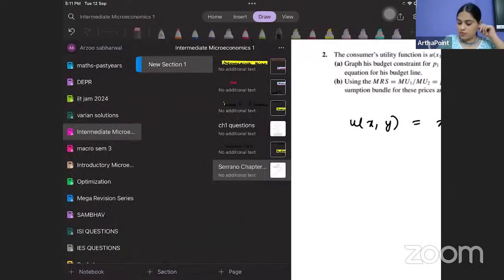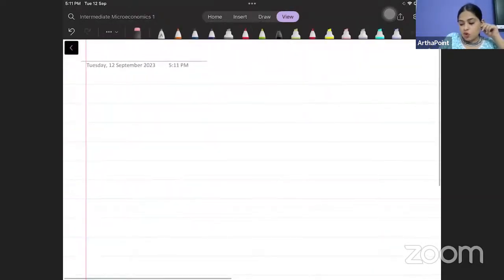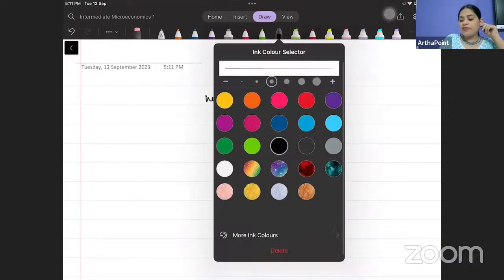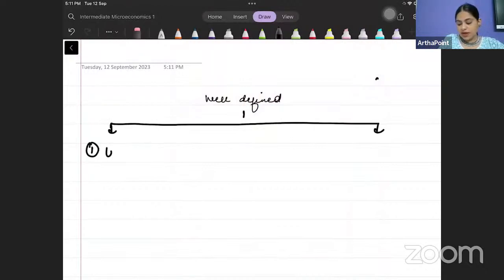Beta, let me take you to a new page. To solve a well-defined utility function, you have 3 ways. Kitne ways hote hain beta? 3 ways. One is called the method of Lagrange. One is called the method of substitution.